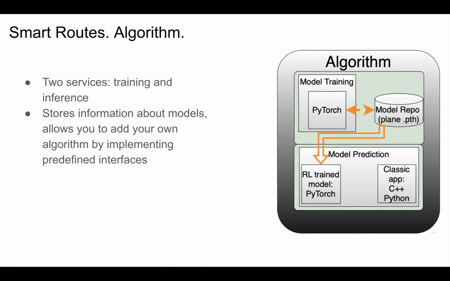Every algorithm in inference is written in C++ with conversion of the PyTorch model to a scripted one. Here we have additional interfaces: if you want to add your own custom algorithm, custom solver, just implement the interfaces and you can use them in our platform.